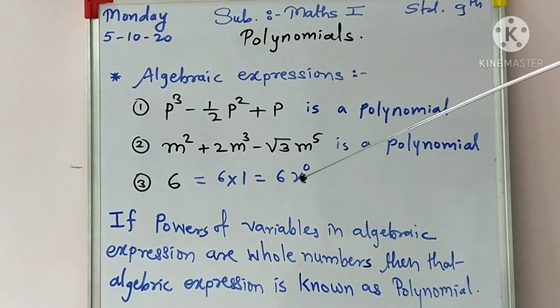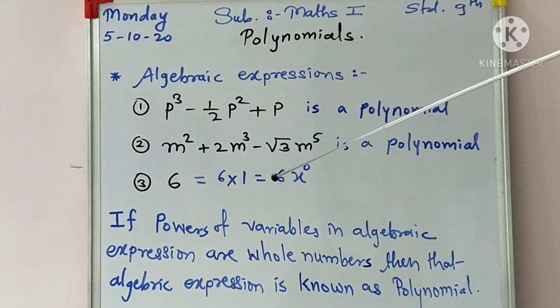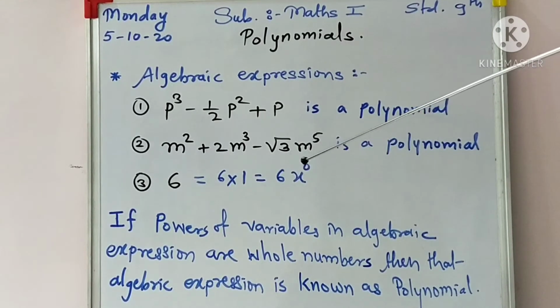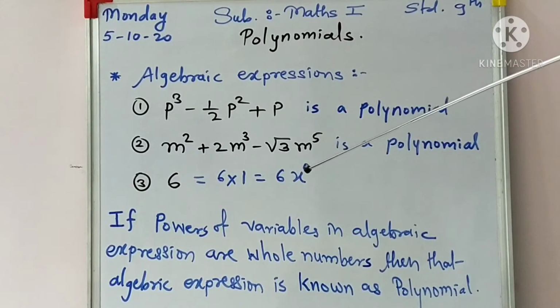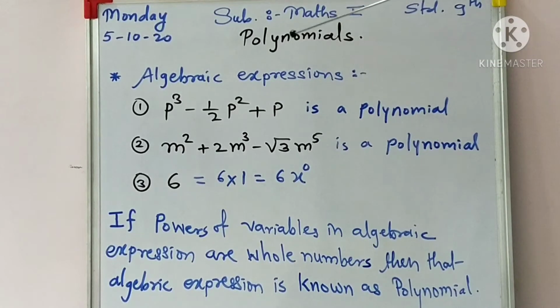As we know the rule of indices, that the power 0 of any term gives answer 1, means we express 6 as 6x raised to 0. And here the 0 is what? A whole number, and therefore that constant number is also a polynomial.